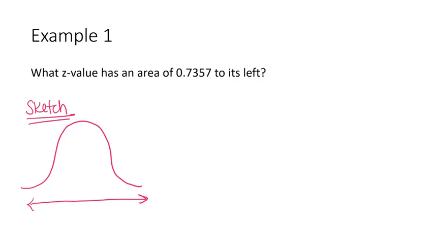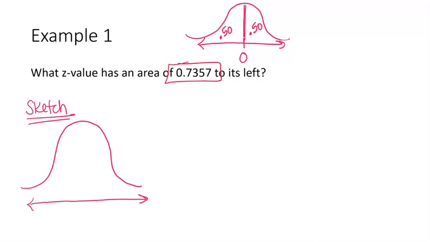Now keep in mind, if I'm here in the middle, then I've got 50% area of 0.5 on the left, area 0.5 on the right. So if they're giving you an area that is bigger than half, that means we need to be bigger than 0.